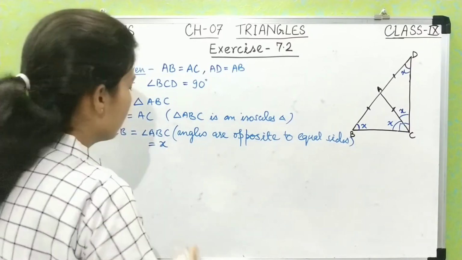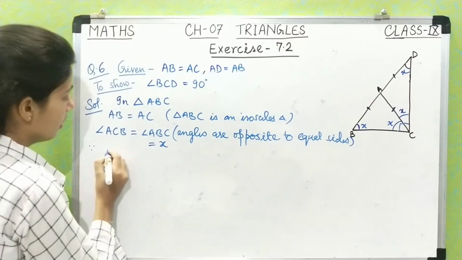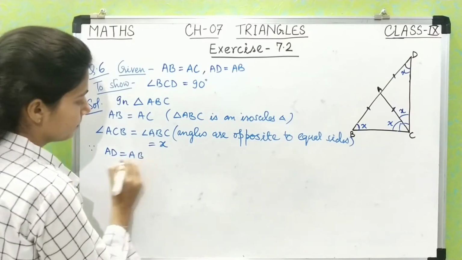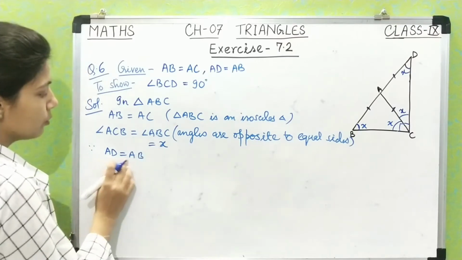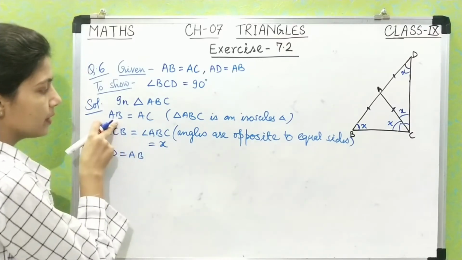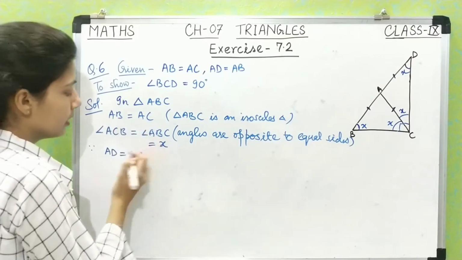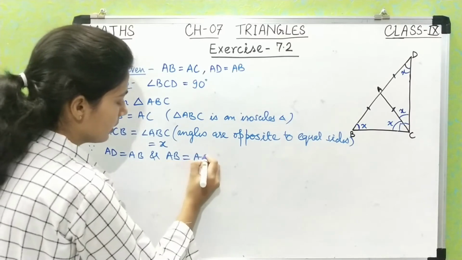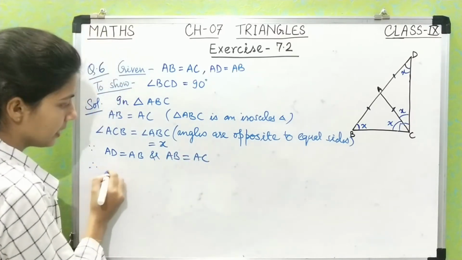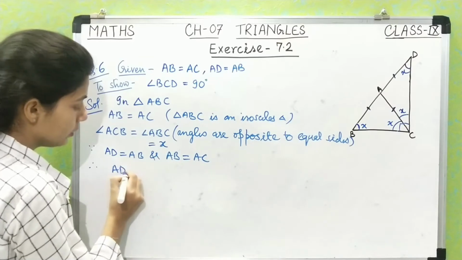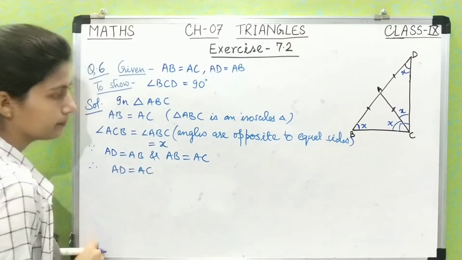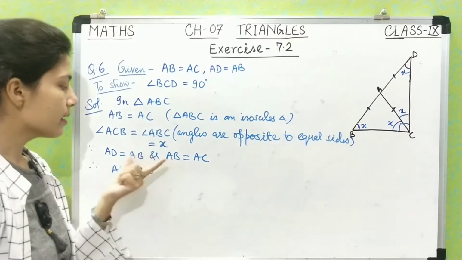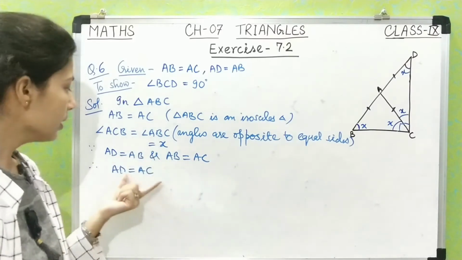Now see, since AD equals AB, and from here AB equals AC, that implies AD equals AC. AD is equal to AB and AB is equal to AC, so AD and AC will also be equal.